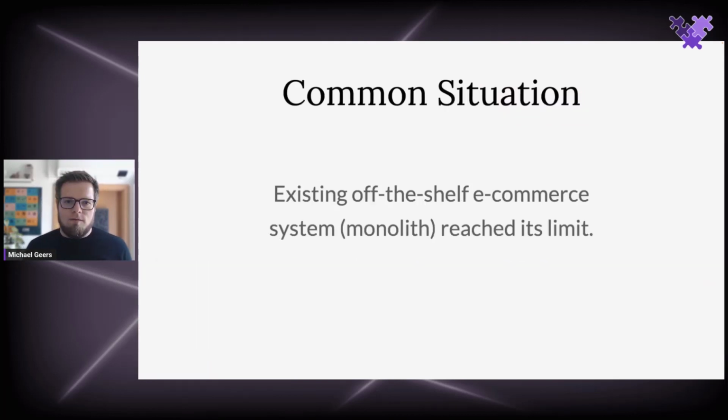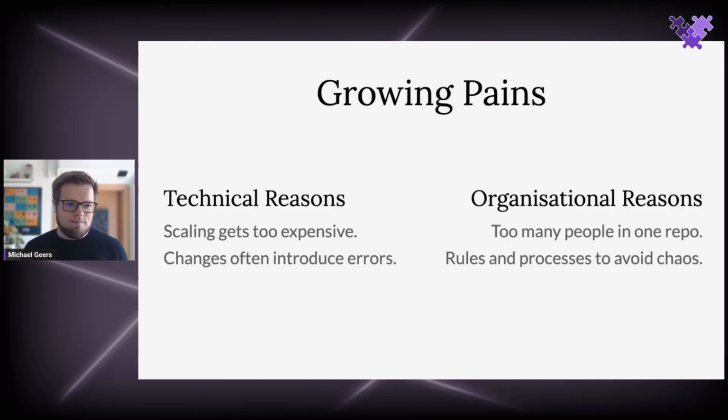And we have a common situation across most of our clients where at one point in time they started to outgrow the system they started with. Oftentimes they started with an off-the-shelf monolithic e-commerce system, and at some point they reached a limit. There are two categories of reasons for reaching this limit.